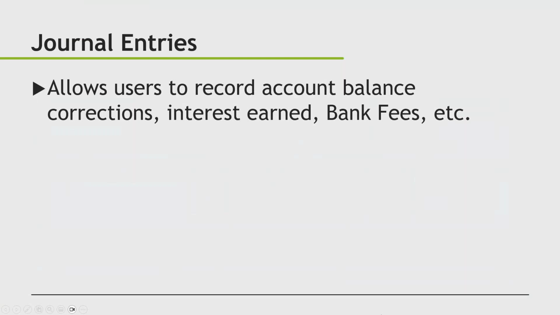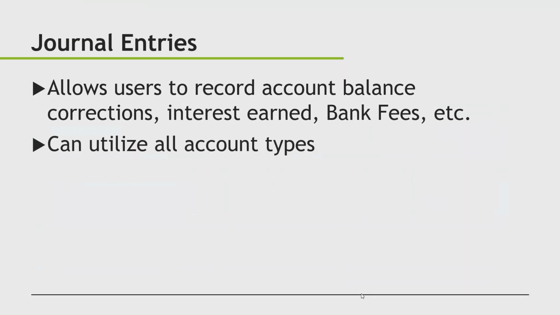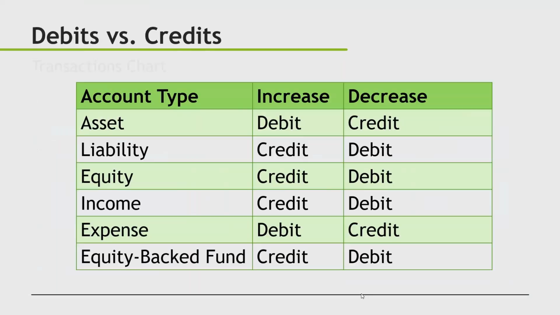They allow users to record account balance corrections, interest earned, bank fees, etc. You can use all the account types. Now, I know I showed you this earlier, but for journal entries, this is doubly important. You need to know your debits and credits for a journal entry. If you go into a journal entry without knowing your debits and credits, you may not get the result you expect.